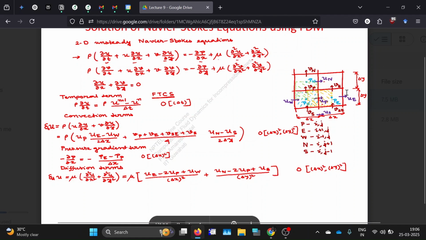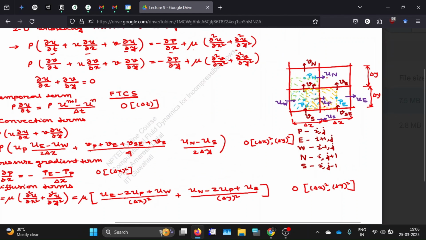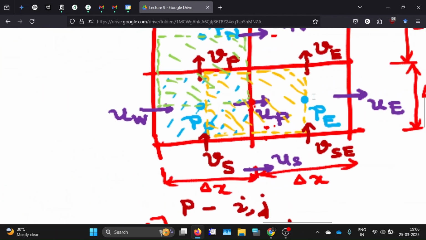Yeah, it's sort of central difference because there is a pressure over here as well, where E is there. So it's sort of I'm taking central difference between that. Okay, so we're not explicitly calculating what the pressure is, but it's sort of like we're taking central differencing.